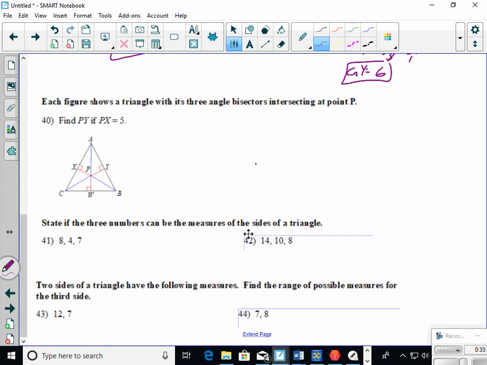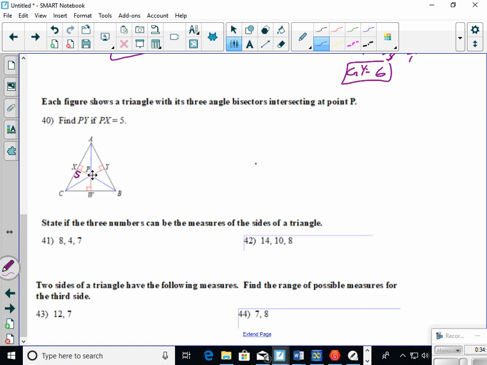All right, each figure shows a triangle with its 3 angle bisectors intersecting at point P. Find the length of PY if PX is 5. P to X is 5. And we're trying to find PY, which the rule we have to know is that if we have angle bisectors intersecting, first off, the point where they intersect is known as the incenter, and the incenter is equidistant from the sides.